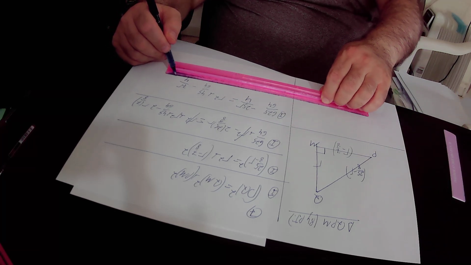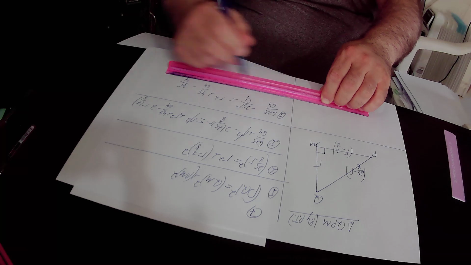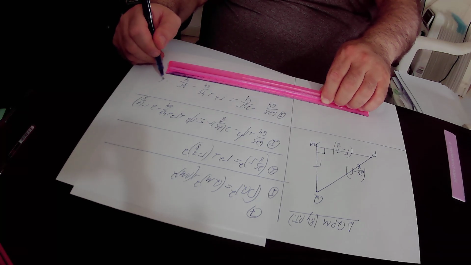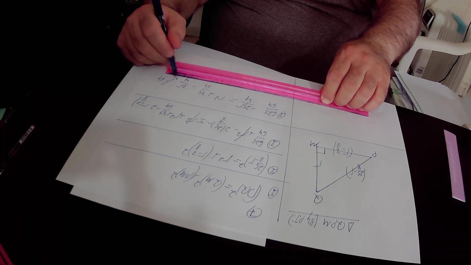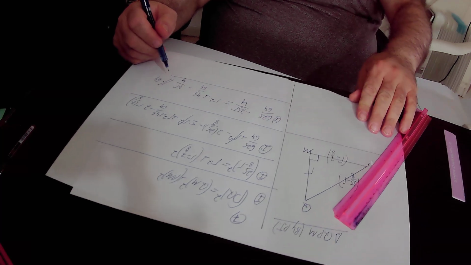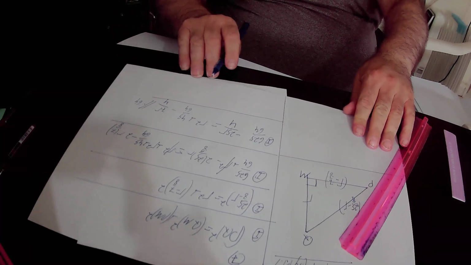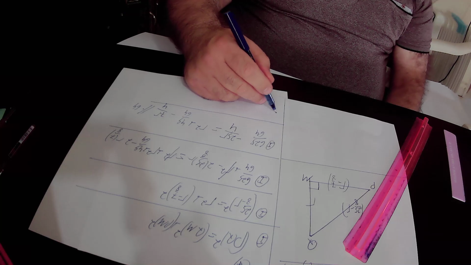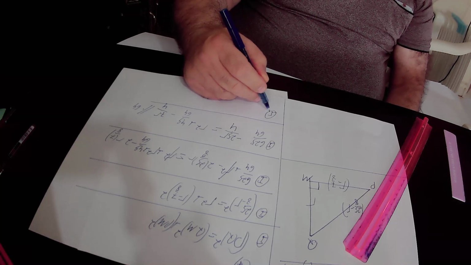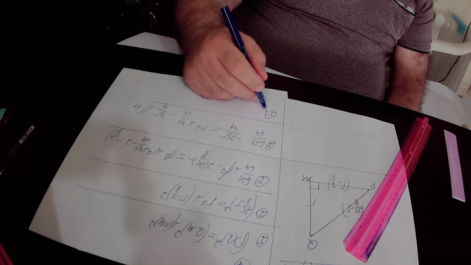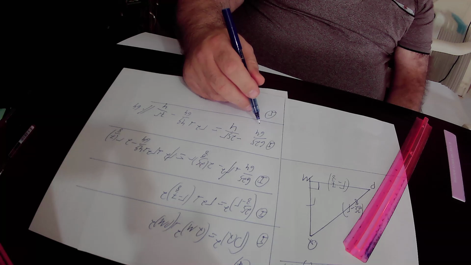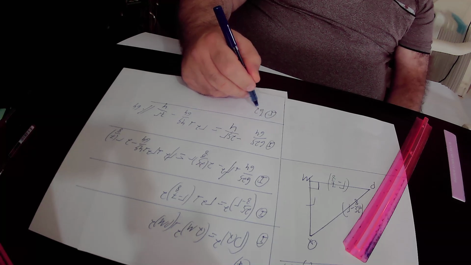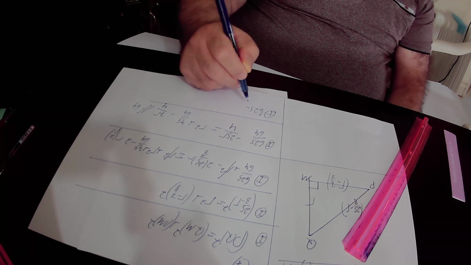Here we will multiply this equation by 64, and we will get that according to equation number 1, 625 times 64 over 64 is equal to 625.